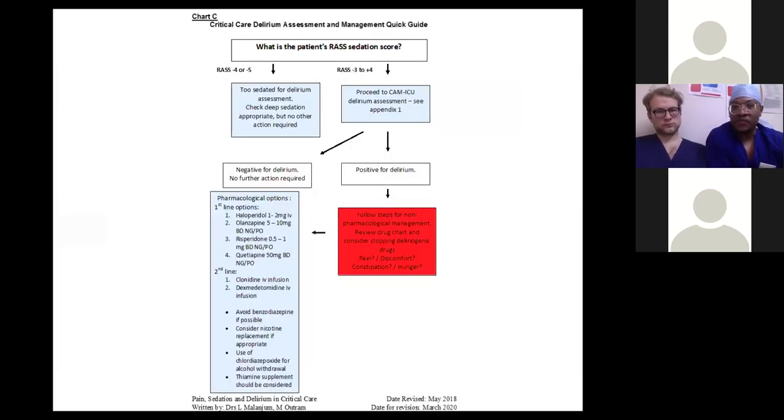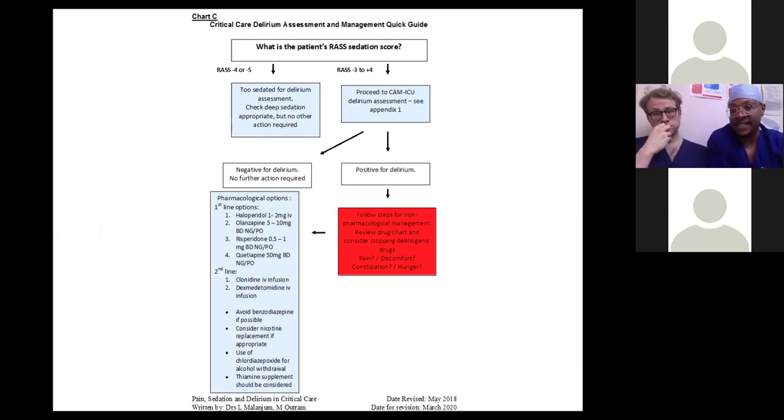Now, our guidelines, which were done by Dr. Mlanjam and Dr. Oldrum and revised in 2018, have this flow chart in place, touching on what your RASS score is, and then if your CAM-ICU is positive, what are the next steps? So it says non-pharmacological management is quite important. It should be your first step.